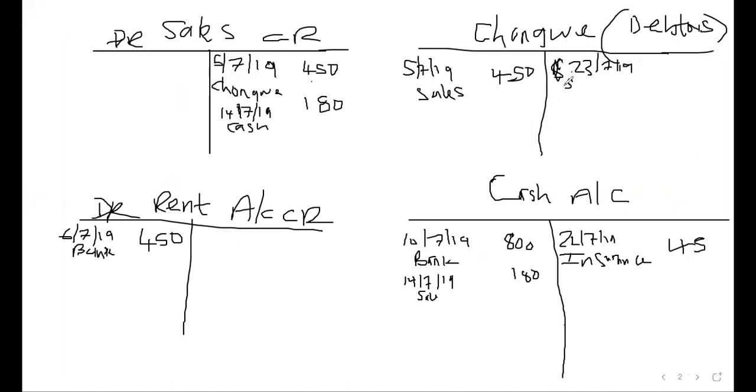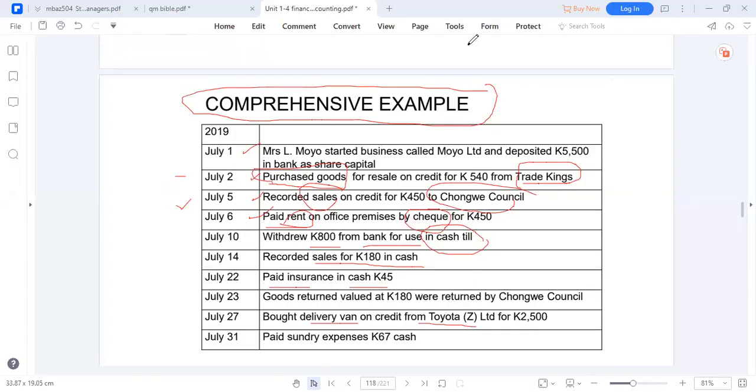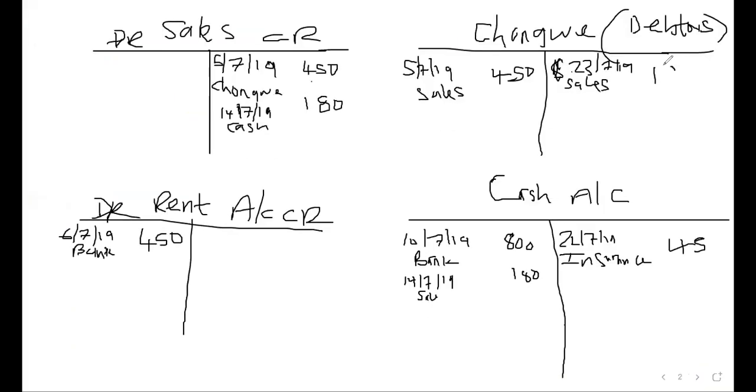These are called sales returns. We sold goods to this person, then he returned to us, which were reducing the value of sales, which is 180. So Chongwe Council returned goods, gave us back. Because credit means you are giving, debit receiving. From the 450 goods that is received, the returned goods worth 180.